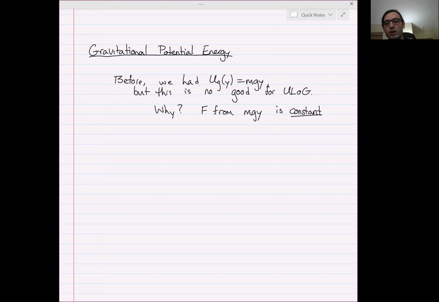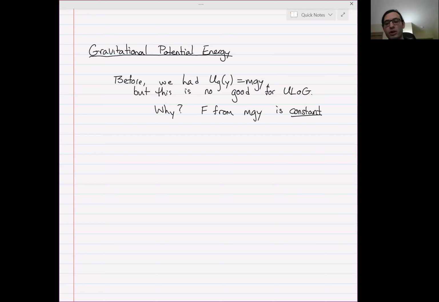So if you take the derivative of mgy with respect to y and stick a negative sign, you just get a constant, a number. And we know that the force from gravity, at least written as the universal law of gravity as it applies to everything, not just on the surface of the Earth, changes with distance. So we can't use that. That can't be the correct potential energy function for the force GMm over r squared.